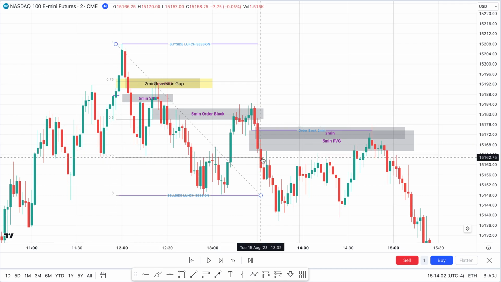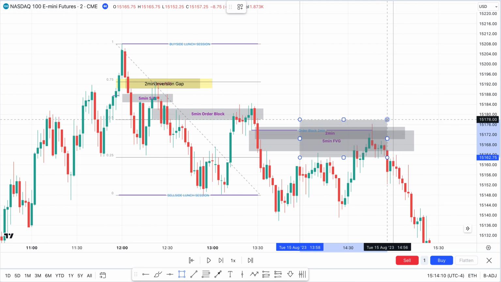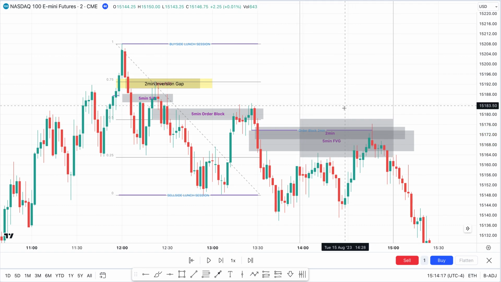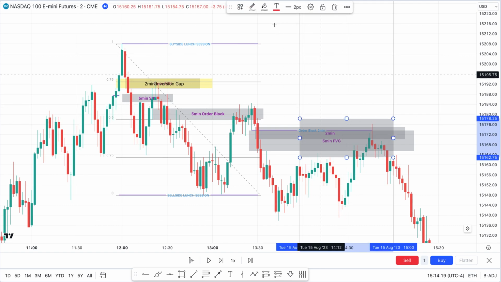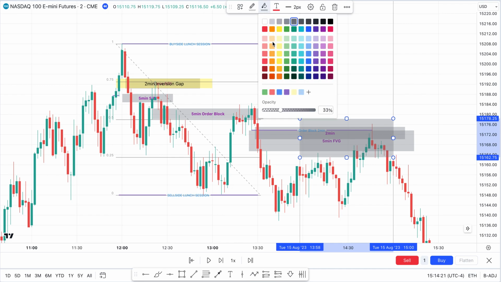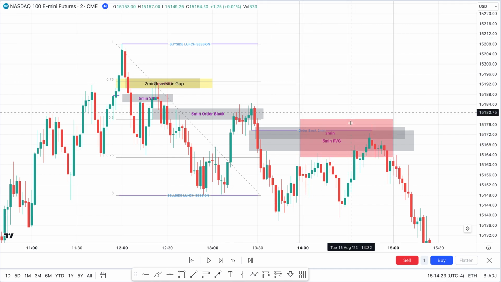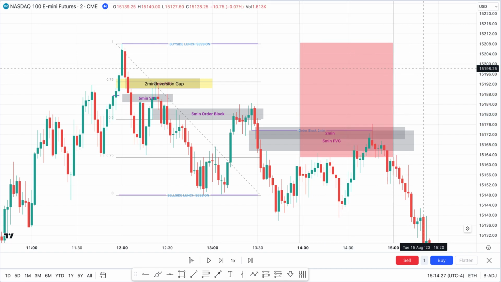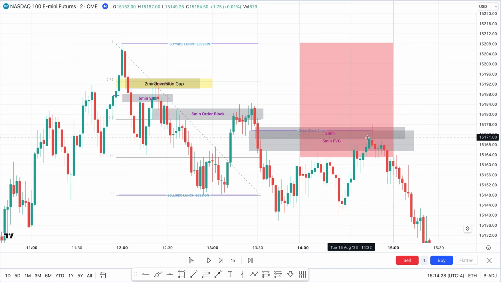So anything above the 25% is a selling area. Anything above this, that's the fall, all the way up to this buy side. So inside here you're looking for fair value gaps.